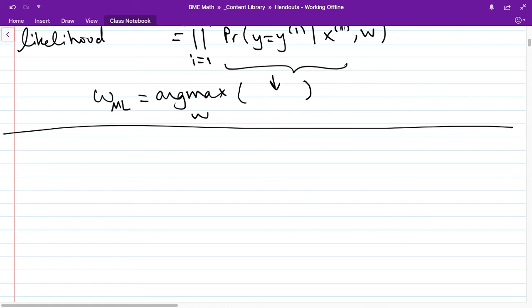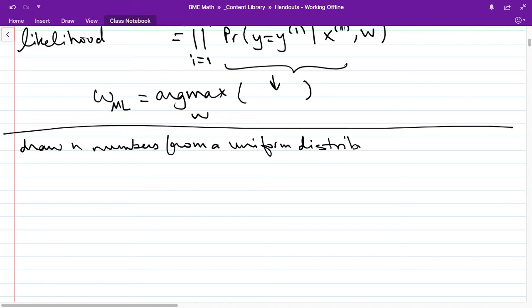Instead of doing it for a somewhat complicated thing like regression, let's do it for something simpler. So suppose you draw n numbers from a uniform distribution.